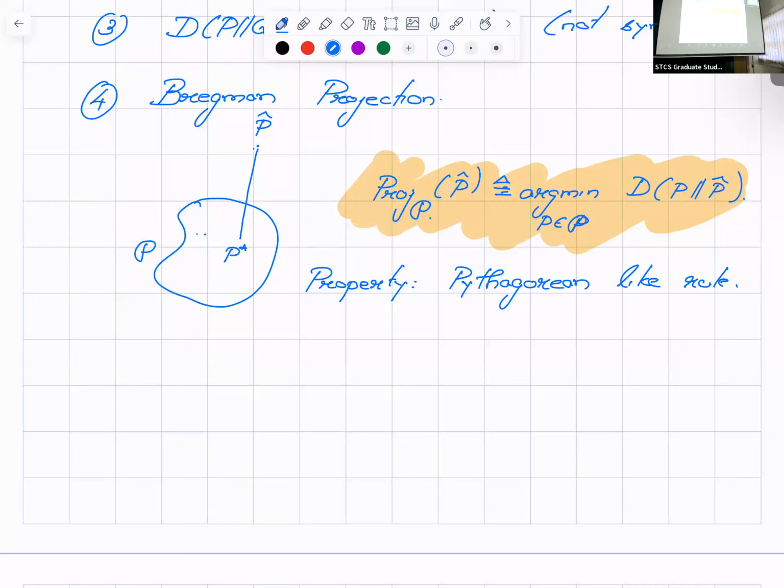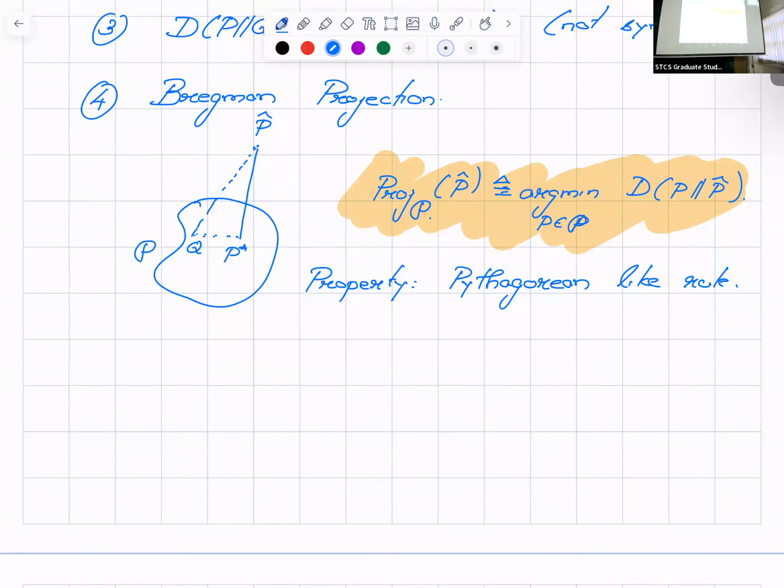Suppose you picked up some other Q over here, and you want to compare Q to P hat versus P star to P hat. Certainly Q to P hat is larger than P star to P hat. By definition, that is how you have chosen it.